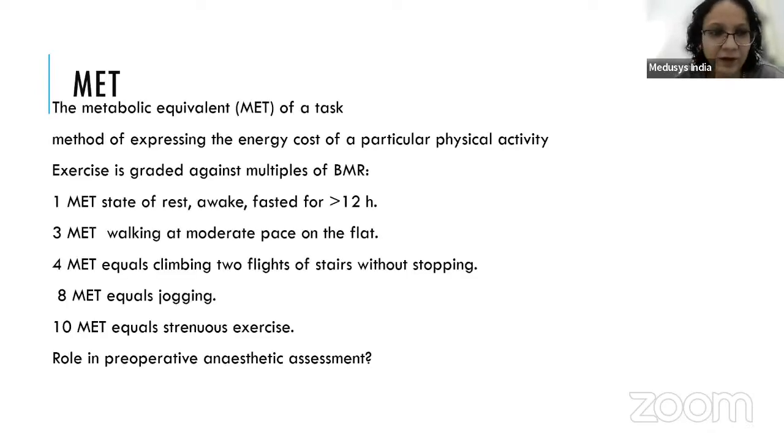Yes, you are perfectly right. So metabolic equivalent of task is a method of expressing the energy cost of a particular activity, where exercise is graded as multiples of BMR. This is very important. Rest all things I think you have told perfectly.